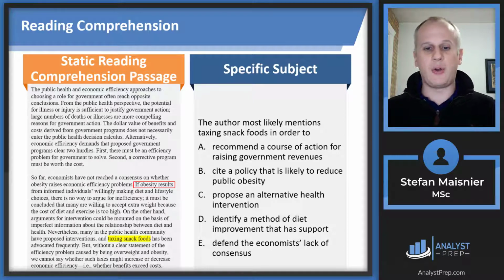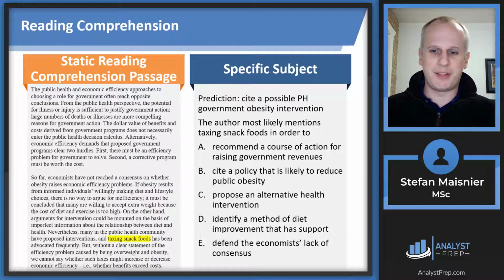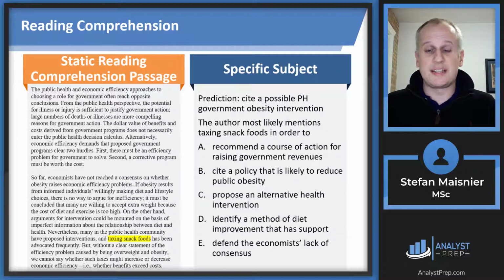But we know without a clear statement of the economics of it, we can't say whether those taxes would affect economic efficiency and meet those demands from the prior paragraph. So if we're going to come up with our own prediction here, it might be something like cite a possible public health government obesity intervention, because that's what taxing snack foods are. They're an example. So now we go to our choices.